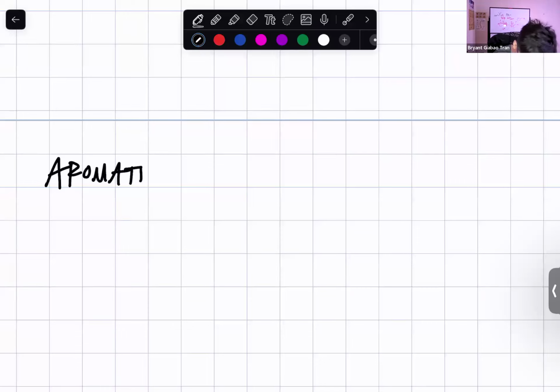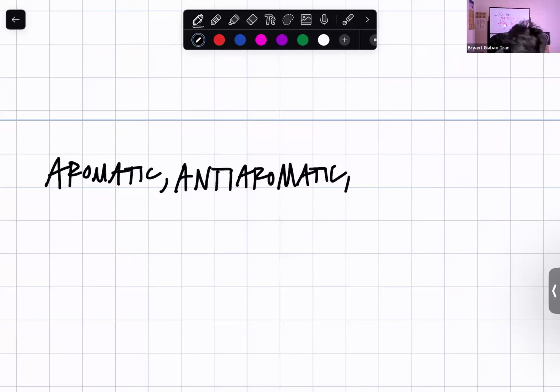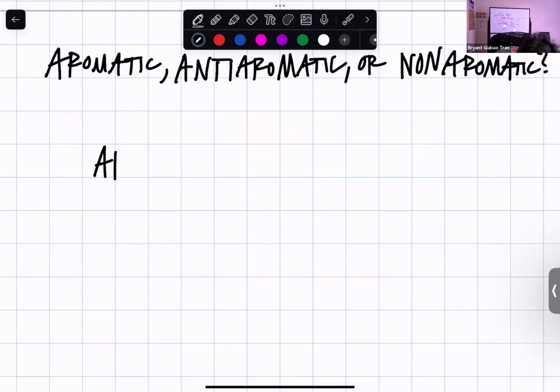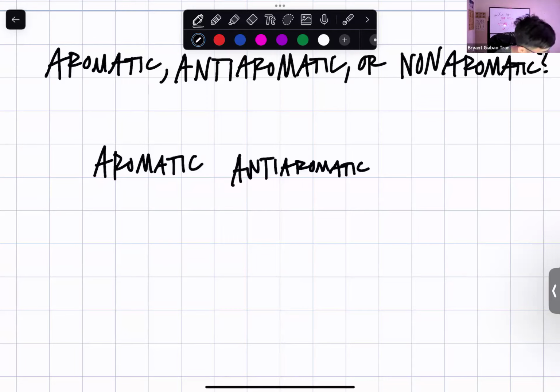So here's the table here. Aromatic, anti-aromatic, and non-aromatic.